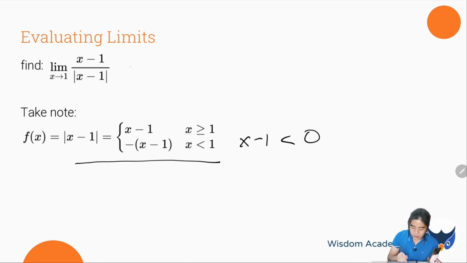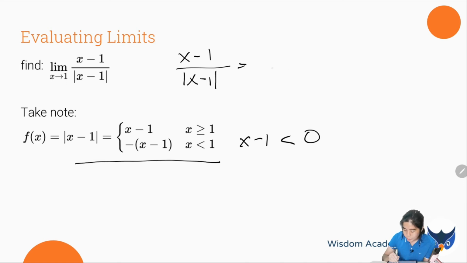So, knowing this, pwede nating i-represent si x minus 1 over absolute value of x minus 1 as a piecewise function: x minus 1 over x minus 1 if x is greater than or equal to 1.